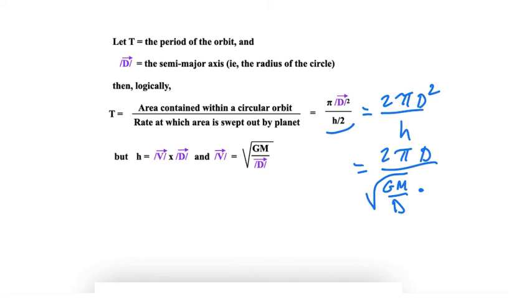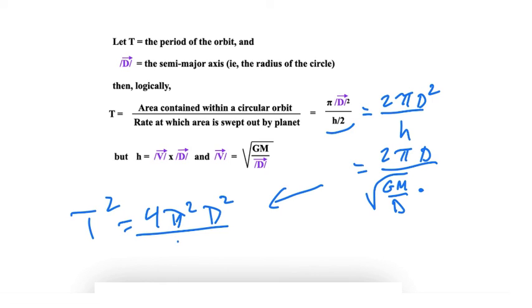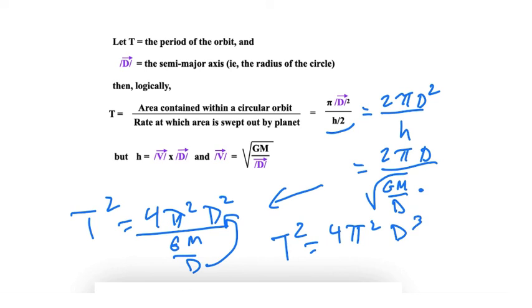But now let's square both sides. So bring this over here, and we have t squared equals 4 pi squared d squared over gm over d. Well, we can bring this d up here, and we get t squared equals 4 pi squared d cubed all over gm.